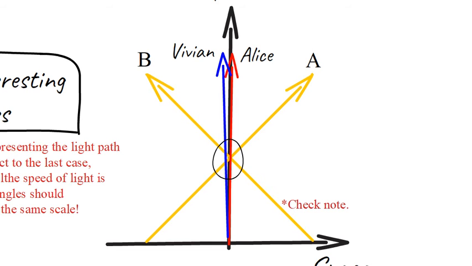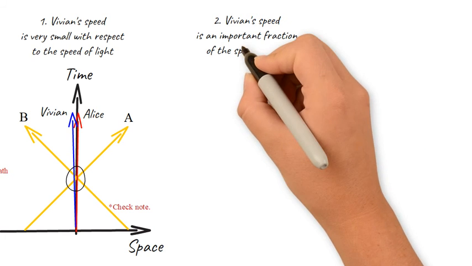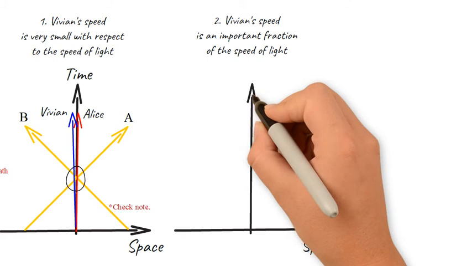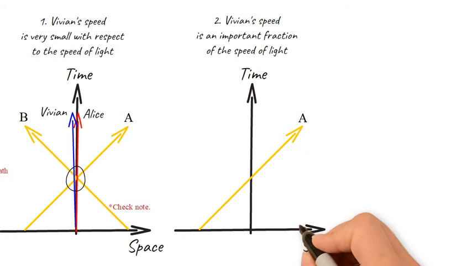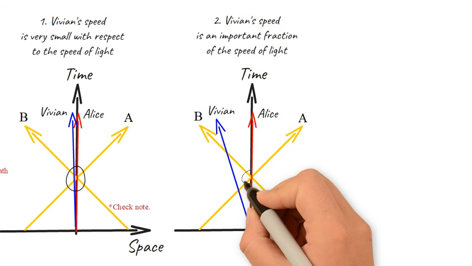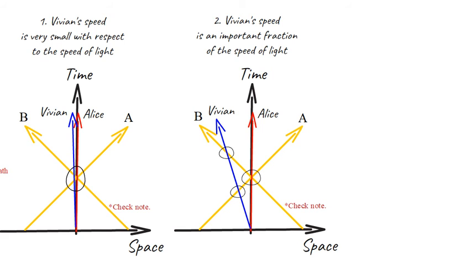Note that in the diagram, the speed of Vivian is exaggerated to make our point. In the second case, if the speed of Vivian is an important fraction of the speed of light, then she will have an experience completely different from Alice. Actually, she will observe the flash of light coming from A and then the flash coming from B. The difference in time between the two flashes will depend on her speed.